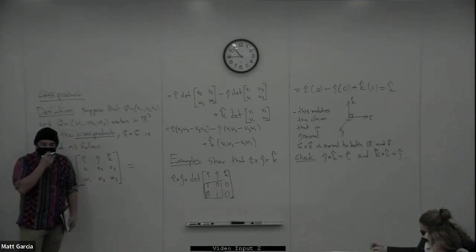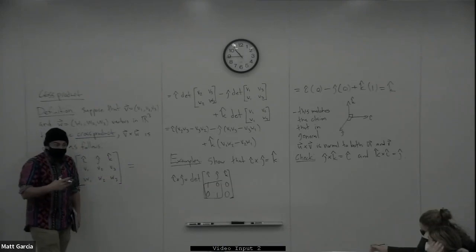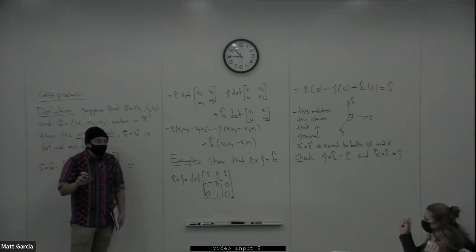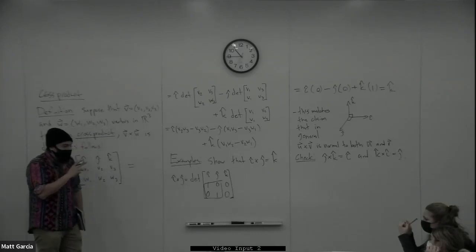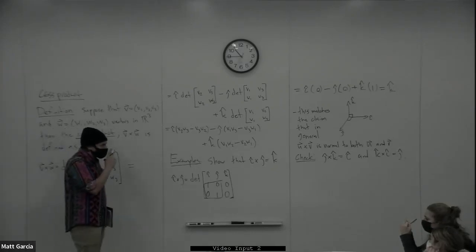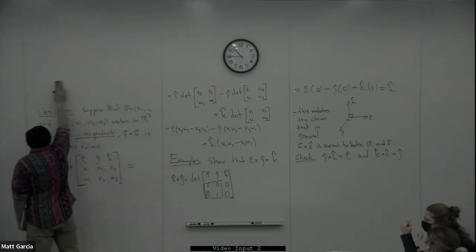Namely, with a little bit of computation, we can calculate the angle between two vectors using the dot product. In a very similar fashion, the cross product also secretly contains some geometric information. Okay, so let's discuss that.